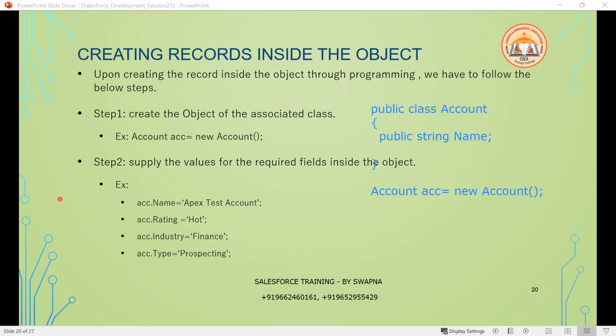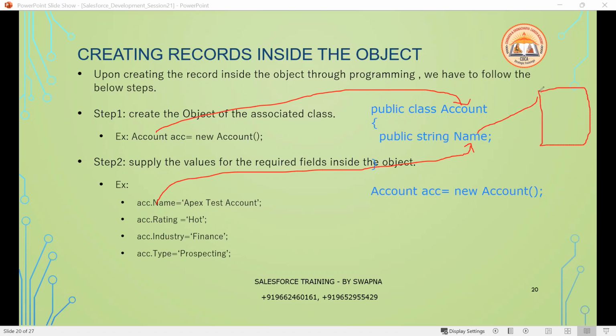So where are these going? Ultimately they go to the class which is defined, and these variables go into the Account table, and each table has columns. Name will be stored here.